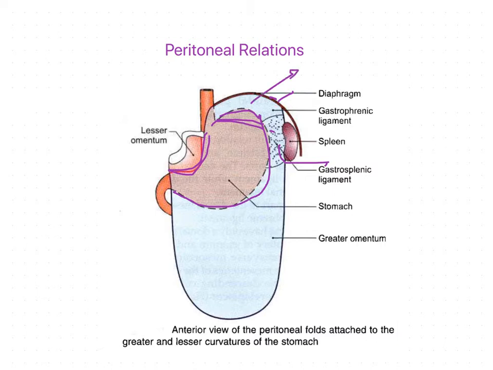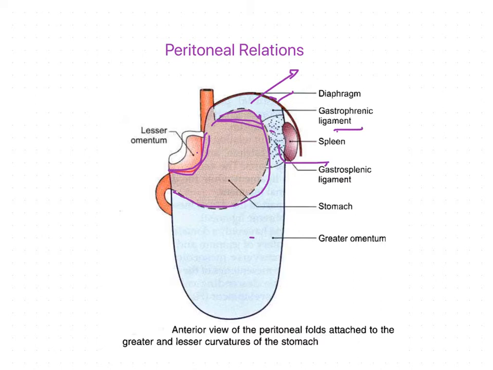So there are four peritoneal relations to the stomach: the lesser omentum, the greater omentum, the gastrosplenic ligament with the spleen, and on the posterior surface, the gastrophrenic ligament with the diaphragm. This is about the peritoneal relations.